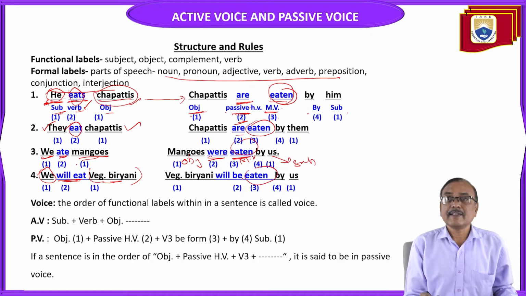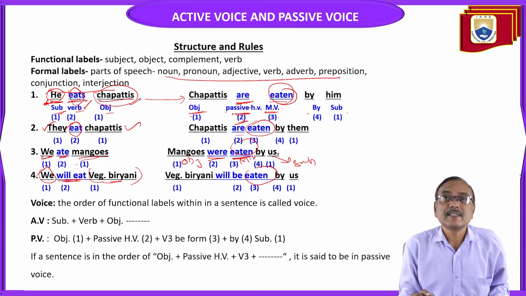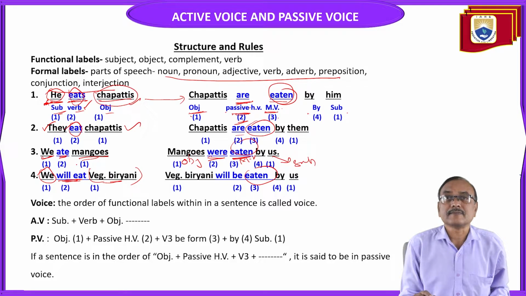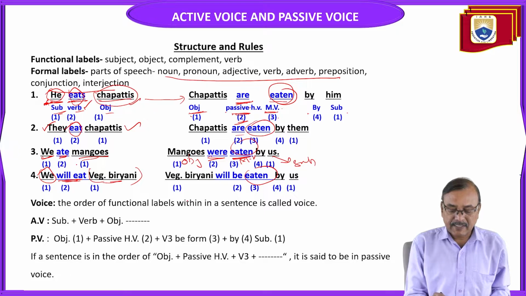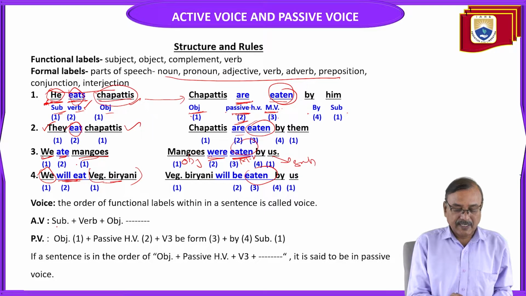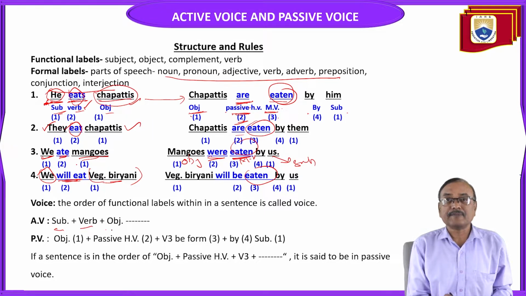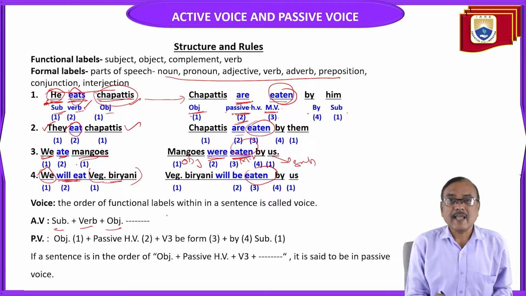In passive, the main verb is always in V3 form only. So if the sentence is in SVO order, subject, verb, object, this sentence is said to be in active voice.